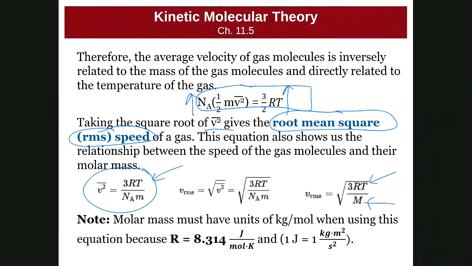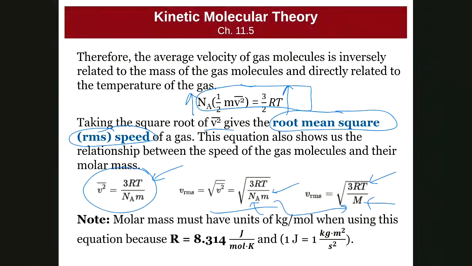And then we square root both sides here, and we see that we have 3RT over Avogadro's number and mass. But when we have Avogadro's number, that's 1 mole of gas molecules, and we have a mass for 1 mole of molecules. So when we combine those two things, a mole and a mass, we end up with the molar mass.